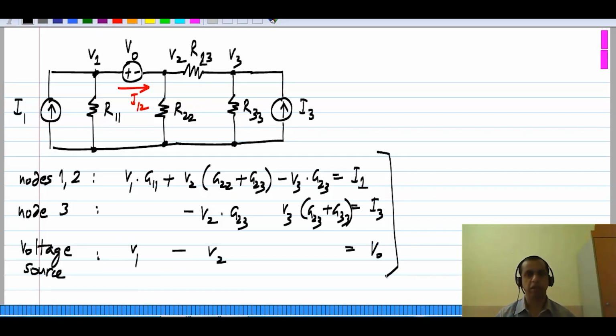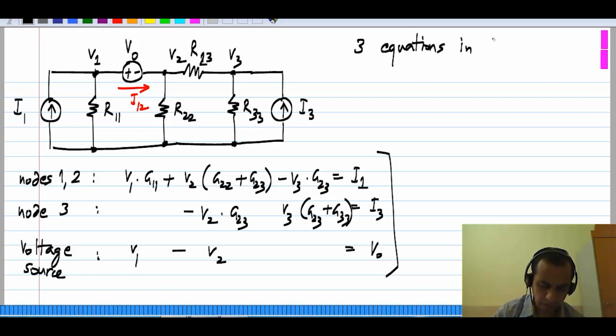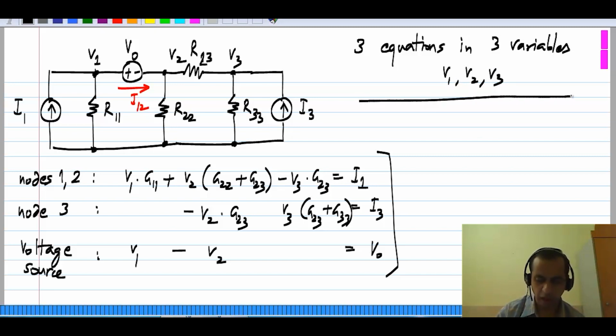So again, I have three equations in three variables. The three variables are V1, V2 and V3, and I can solve for these three variables. Okay.